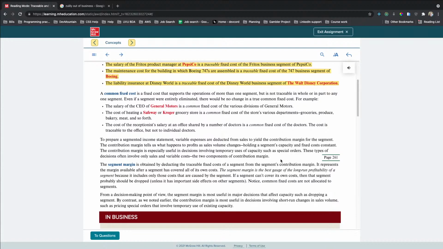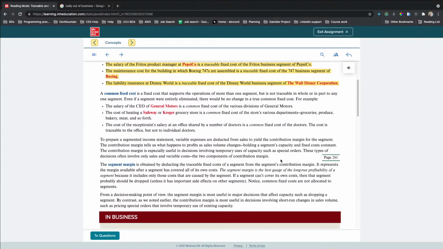The contribution margin tells us what happens to profits as sales volume changes, holding a segment's capacity and fixed costs constant. The contribution margin is especially useful in decisions involving temporary uses of capacity, such as special orders. These types of decisions often involve only sales and variable costs, the two components of contribution margin.